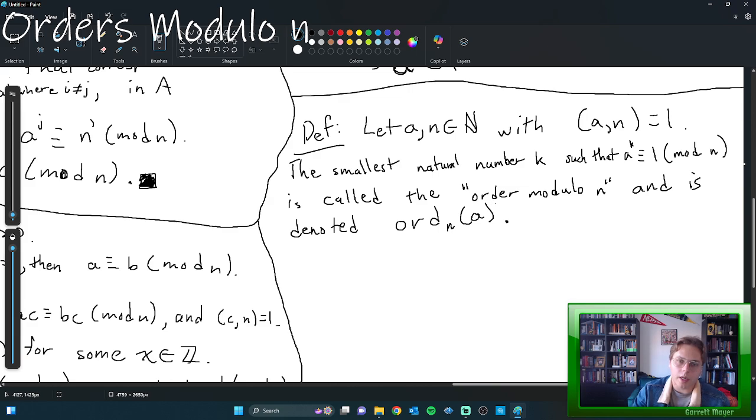Order of a modulo n. It is a's order modulo n.